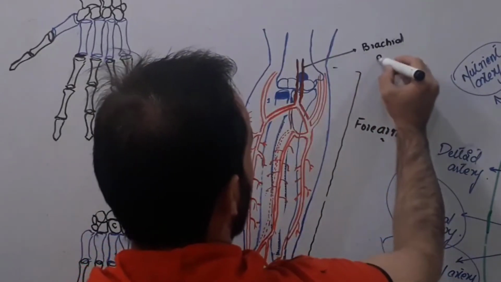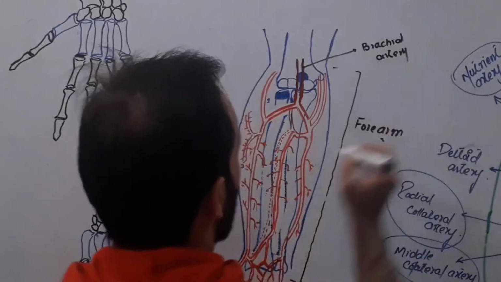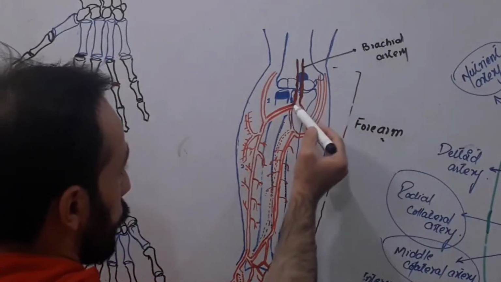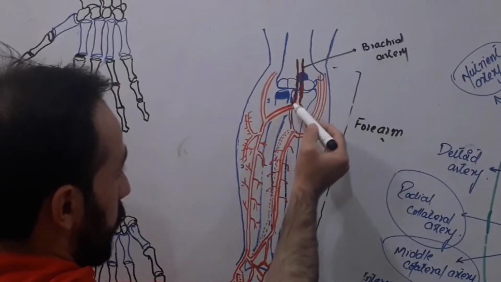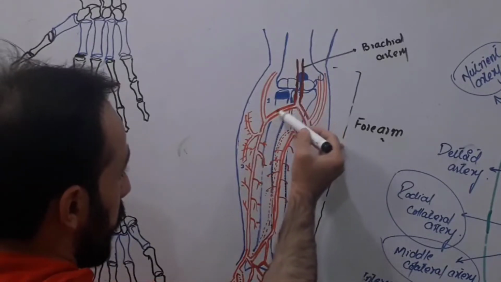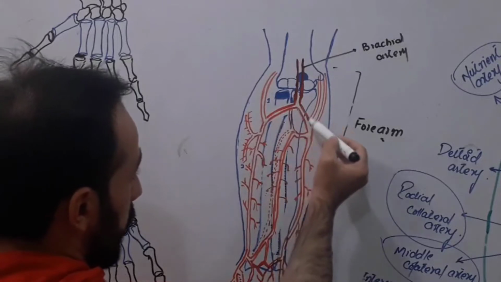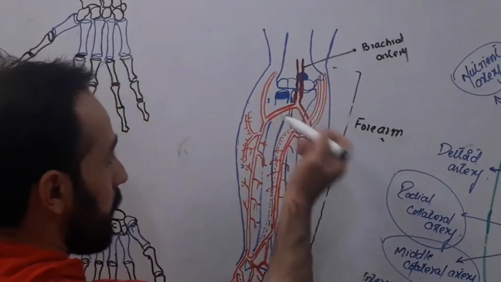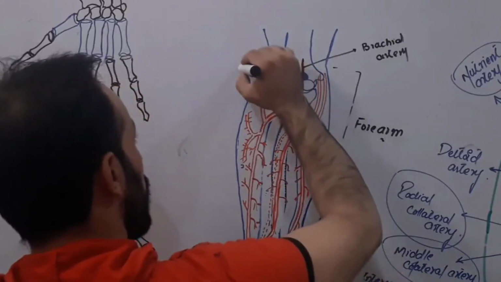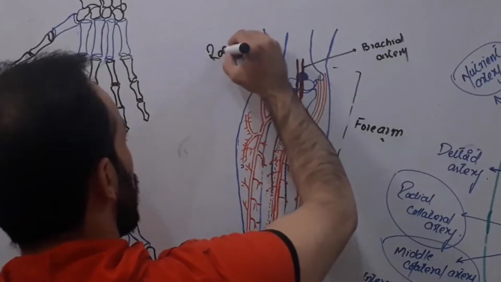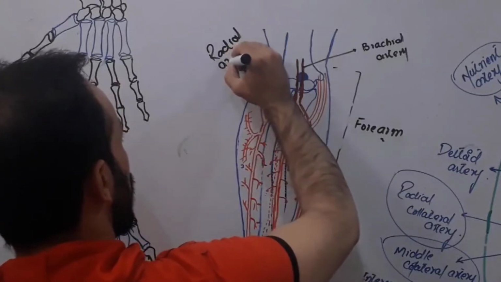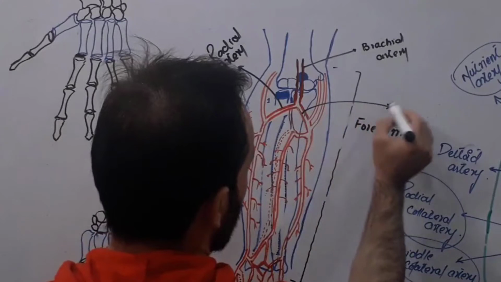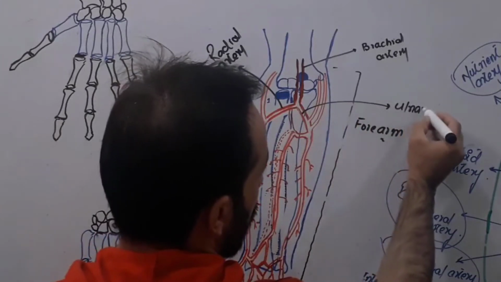Now when the brachial artery comes down, about 1.5 centimeters distal to the elbow joint, it bifurcates into right and left arteries, and this lateral artery is called the radial artery. So let me mention this. This is our radial artery. Okay, friends, and this artery is our ulnar artery.